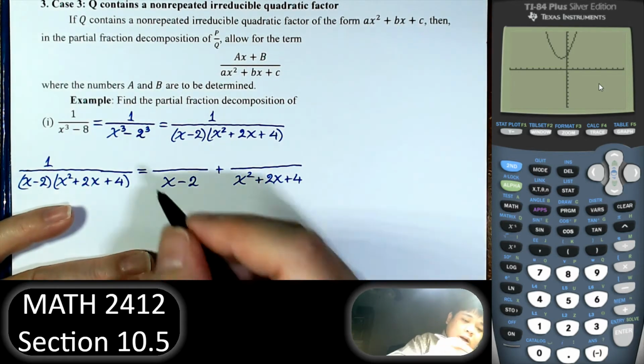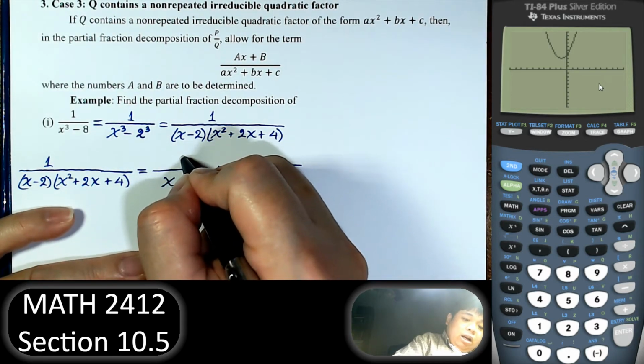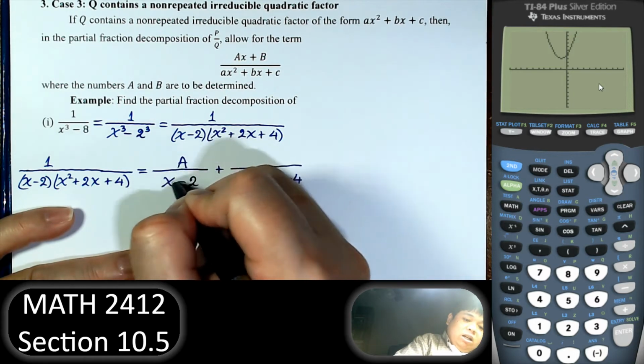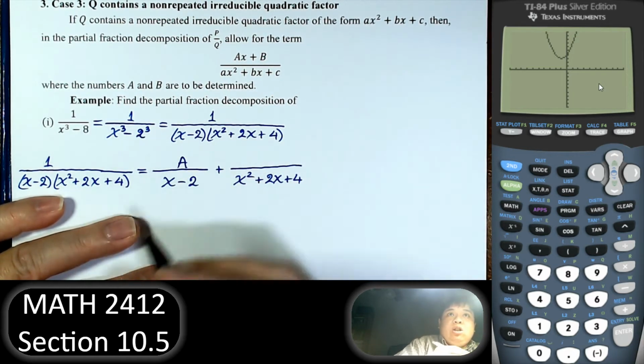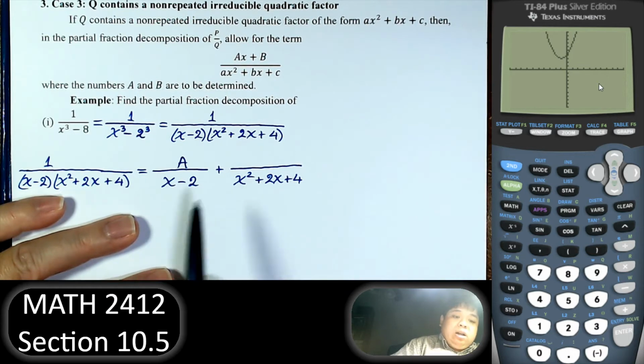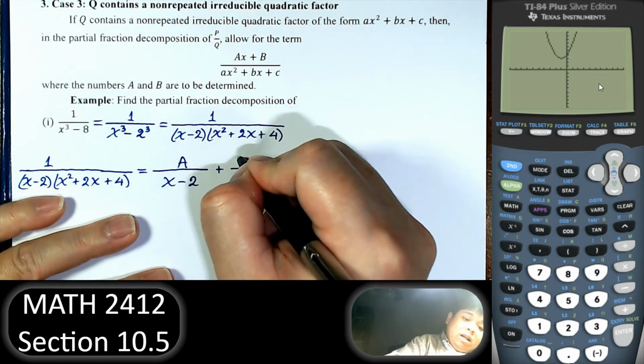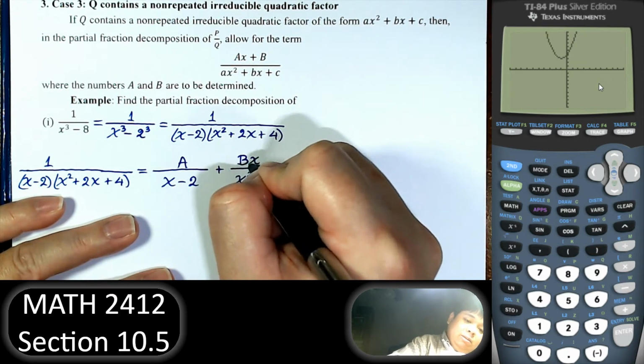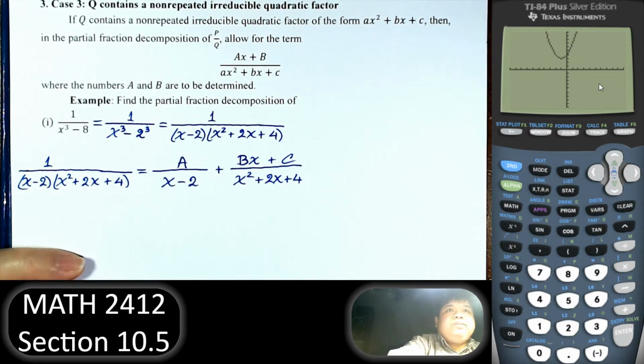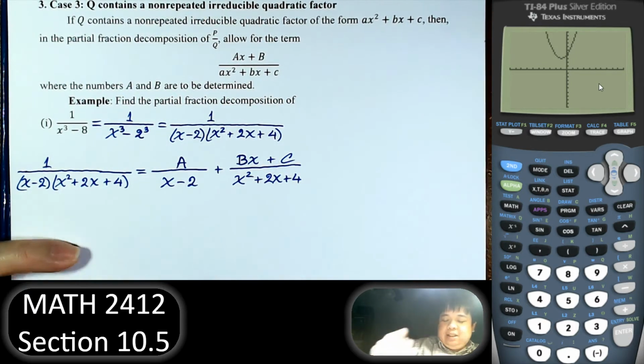On the top, we can just have degree less than the bottom. So this one is linear, so the degree on top has to be 0, which is a constant. This one is quadratic, so the degree on top will be 1 less than that, so it could be a linear function.